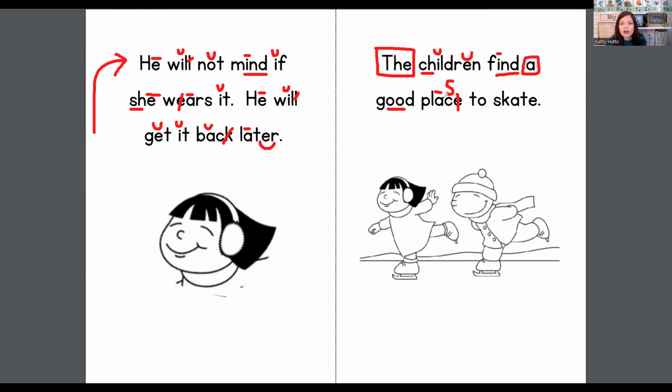Place. Remember, C before E says S like an S. Sight word to, sneaky E, skate. Next page, last page.